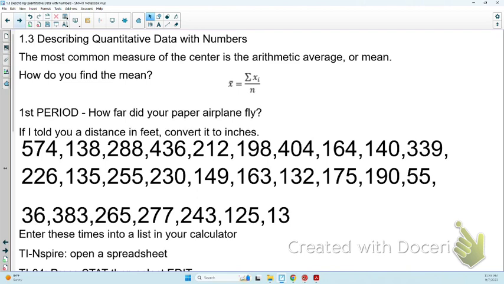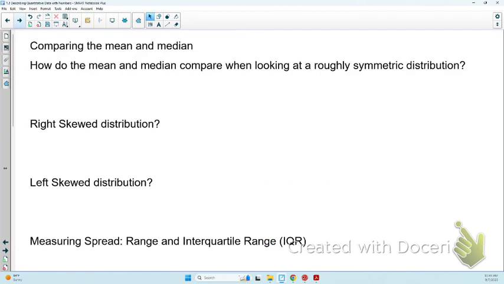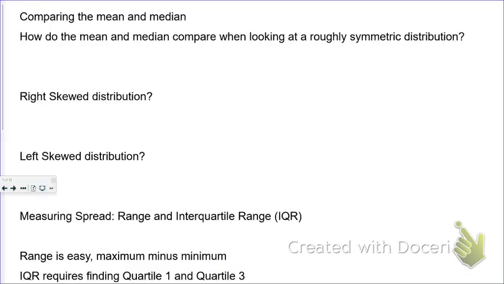So we were on, I believe, this page of the notes. And we need to talk about how the center is affected by outliers. First off, if we have a nice symmetric distribution, let's draw a bell curve. That one came out okay. Then it's symmetric. The median is dead center.